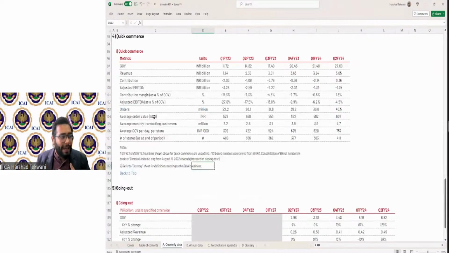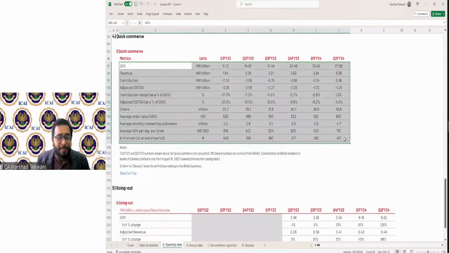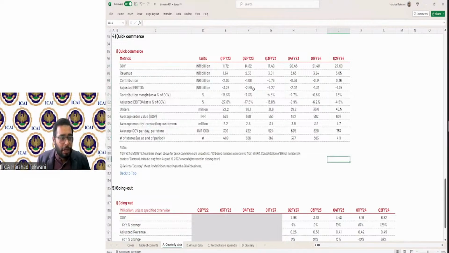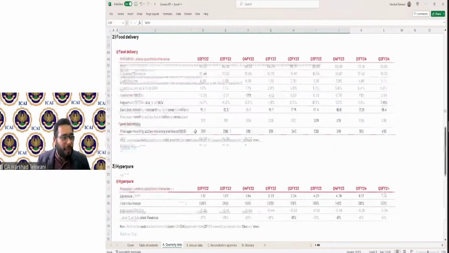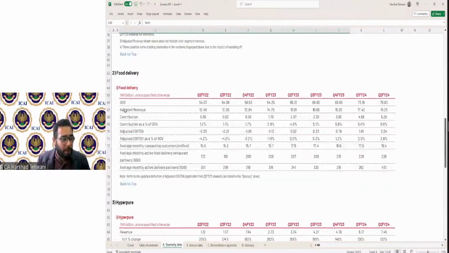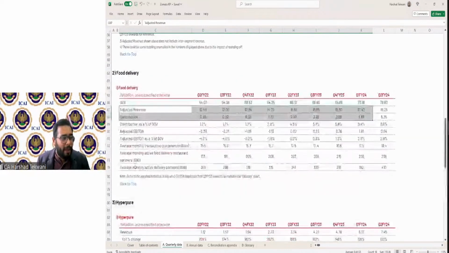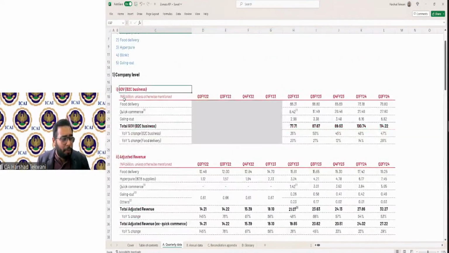When I talk about financial metrics, I was talking about measurement and review of financial performance. So how this entity measures its performance year on year or quarter on quarter. They calculate GOV and revenue, for example for food delivery: the GOV, adjusted revenue, contribution, EBITDA. In the same way they have GOV calculated for the B2C business at the company level, like food delivery, quick commerce, and everything.